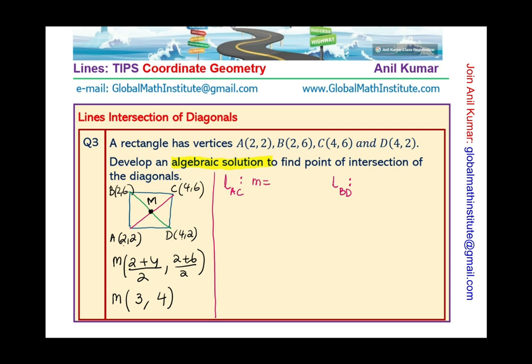So slope from A to C will be change in y value, which is 6 minus 2, over change in x values 4 minus 2, which is equal to plus 2, right?